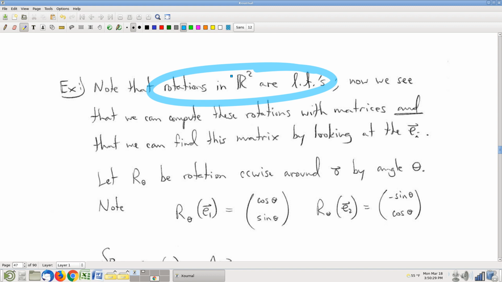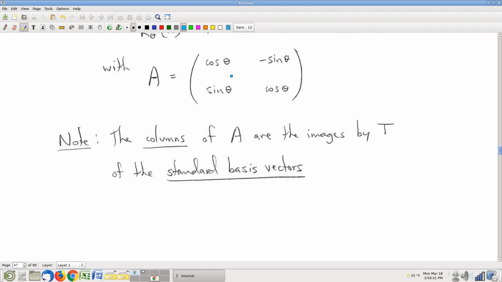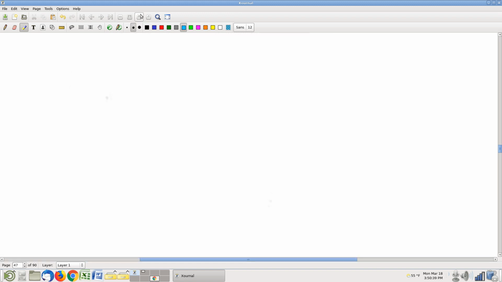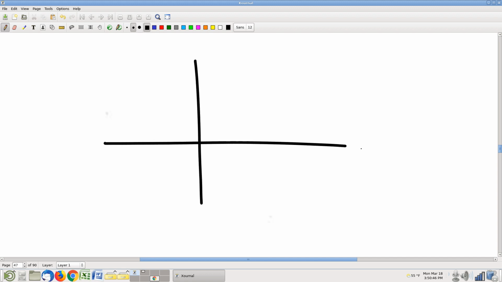Now, I didn't draw the picture of this in the notes, so let me draw it down here, but I want to try to persuade you that rotations around the origin are, in fact, linear transformations. So here's my picture. Suppose I have R2 here. Suppose I have a couple of vectors.